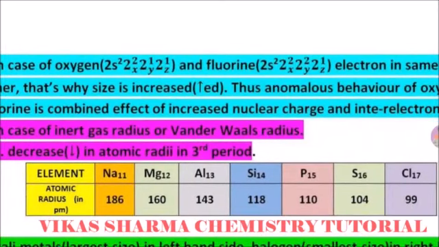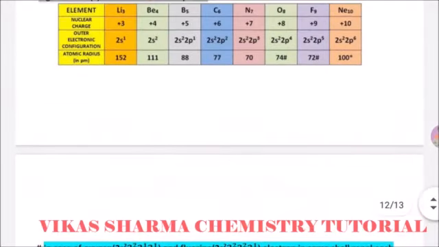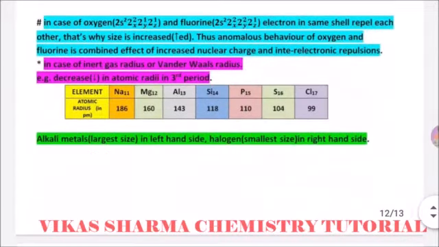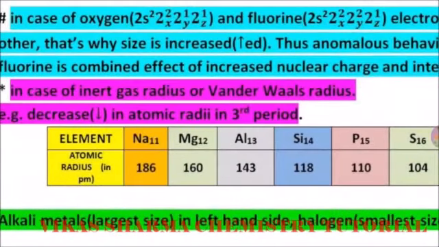In oxygen there are 2py1 and 2pz1, and in fluorine 2pz1. So the repulsions increase the size of the atom in oxygen and fluorine, but all the other elements show a decrease in atomic size.